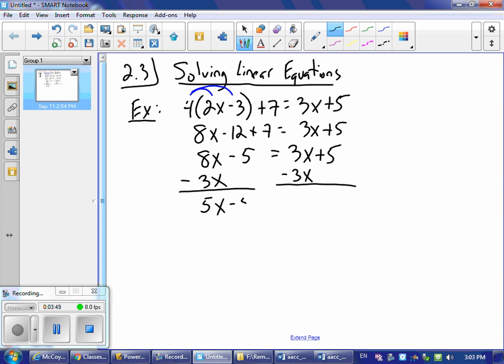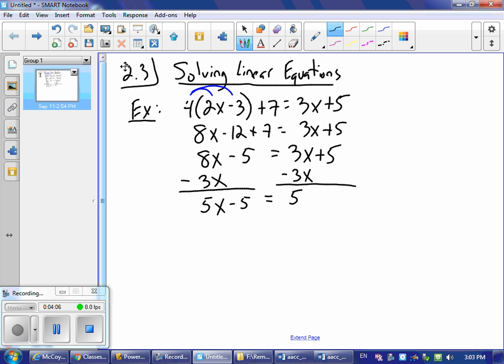Bring down the minus 5. Equals 3x minus 3x is 0, bring down the plus 5. You don't have to write the plus out in front if it's the first thing that's left over on one side or the other. You can, it doesn't matter if you do, but you don't have to.